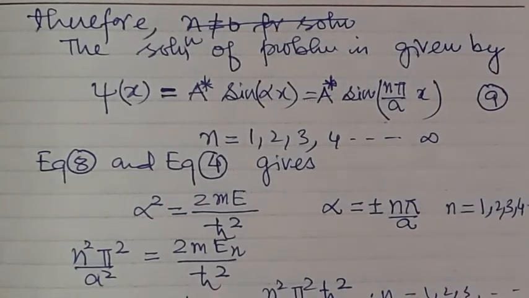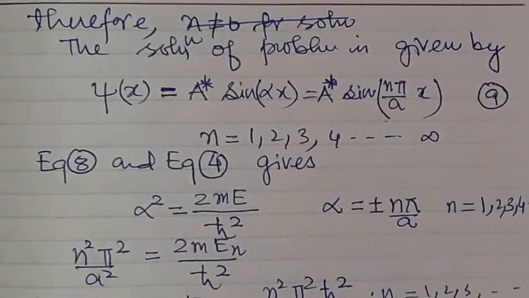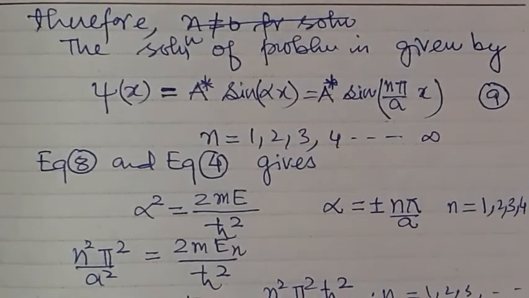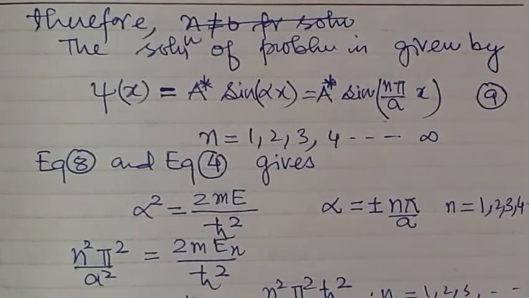So I can rewrite this in terms of a compact representation. En is equal to n square times epsilon, where epsilon is taken as h square over 8m a square, and n can run from 1, 2, 3.